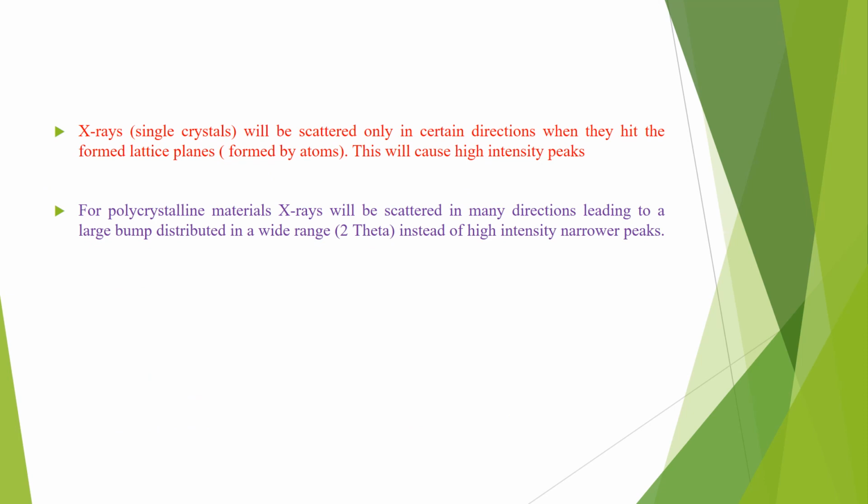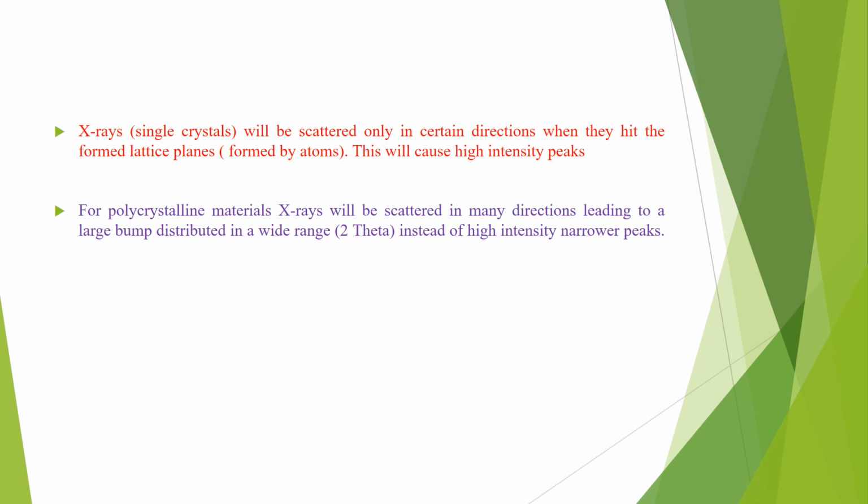An X-ray on a single crystal will be scattered only in certain directions when it hits the lattice planes formed by the atoms. This will cause high intensity peaks.